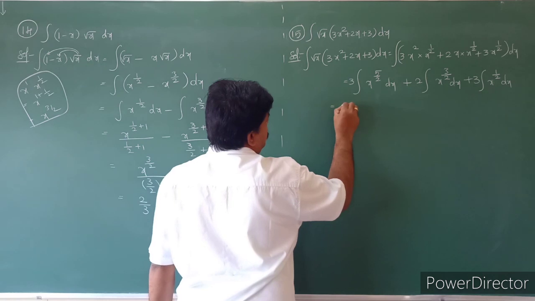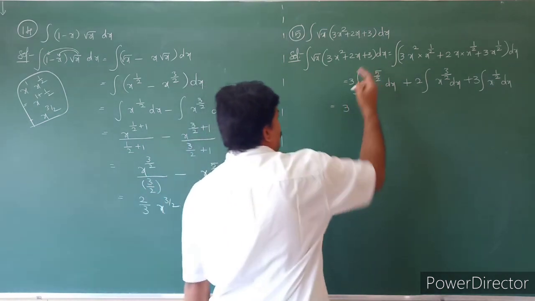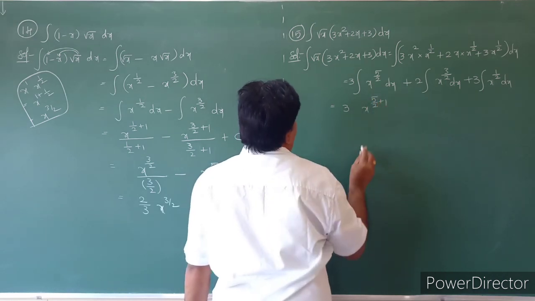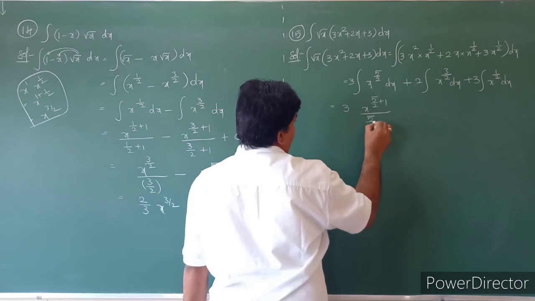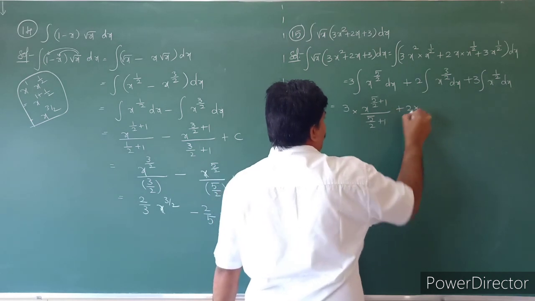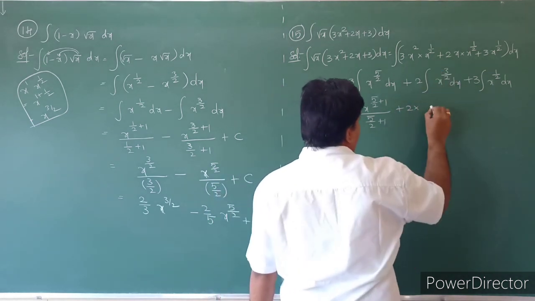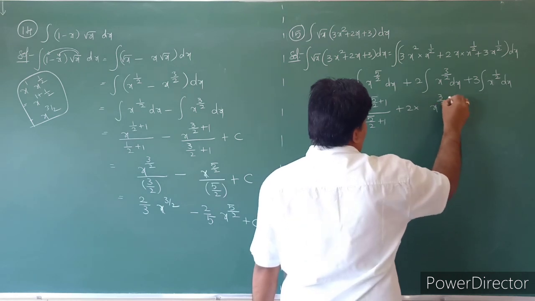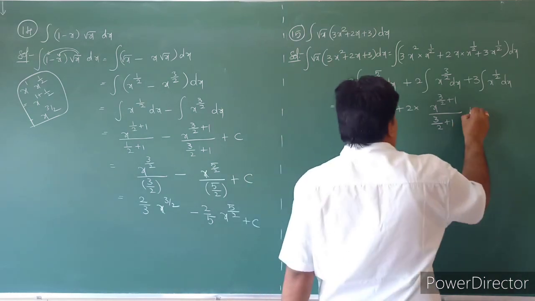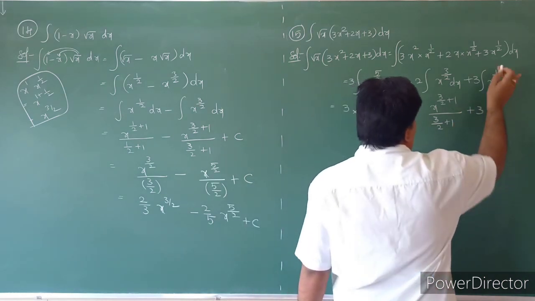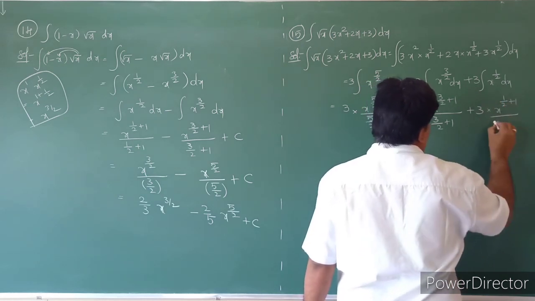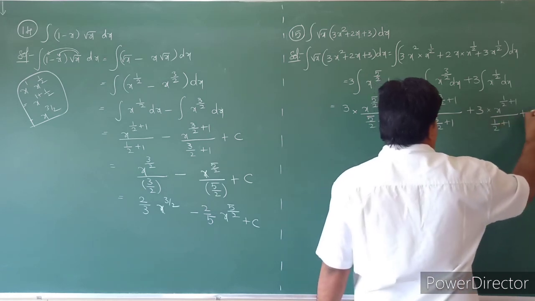That is equal to 3 into, by the x power n formula, x power 5 by 2 plus 1 by 5 by 2 plus 1, plus 2 into, it is also x power n form, x power 3 by 2 plus 1 by 3 by 2 plus 1, plus 3 into x power 1 by 2 plus 1 by 1 by 2 plus 1, plus c.